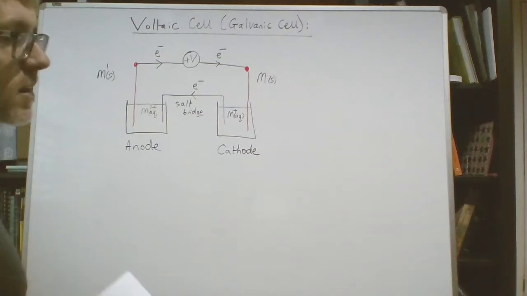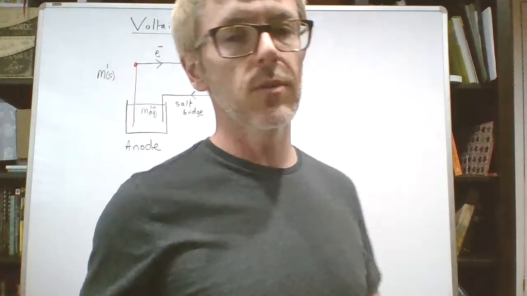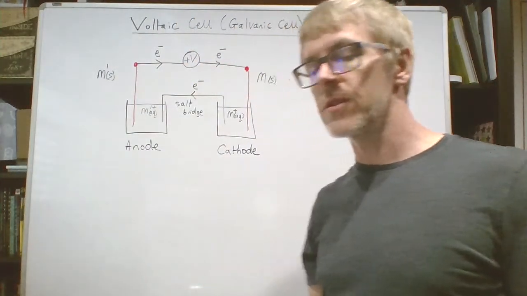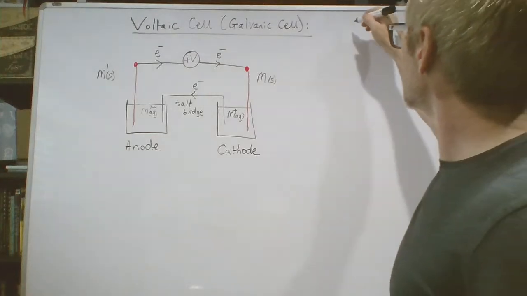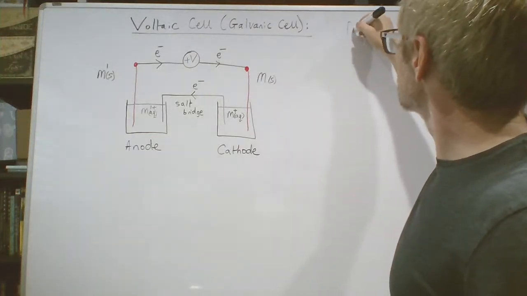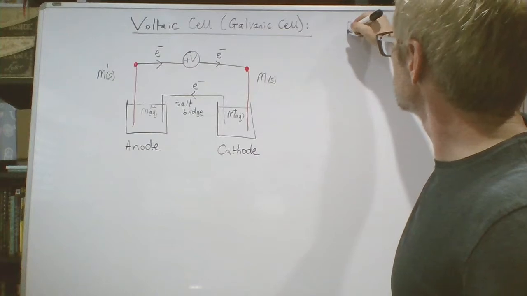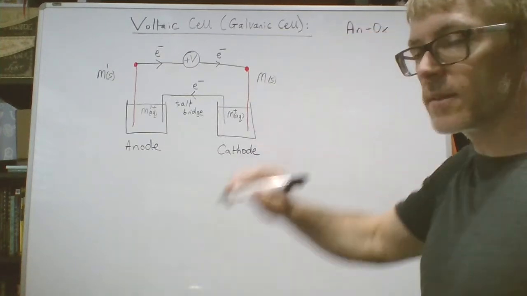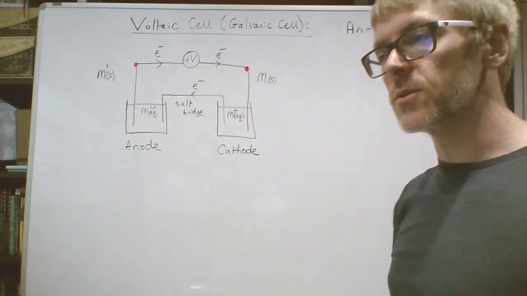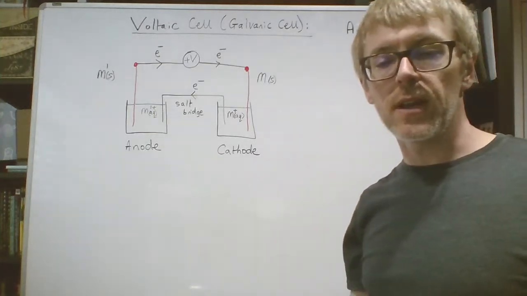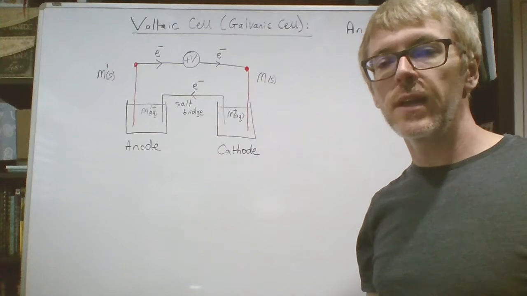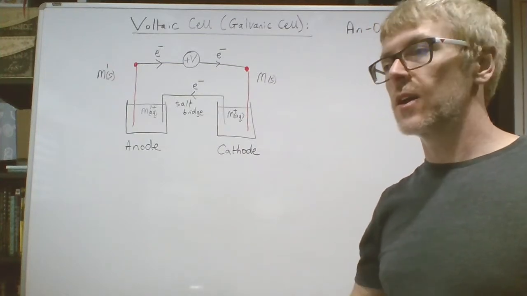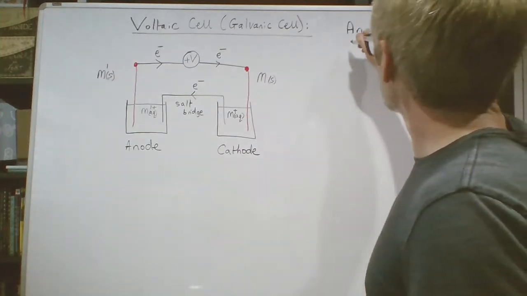And then there's an expression that will allow you to remember the difference between the anode and the cathode. So this is an ox. I like to make a Halloween joke here for my students. If you and your significant other are going to a Halloween party and you're looking for a costume, go as an ox and a red cat.